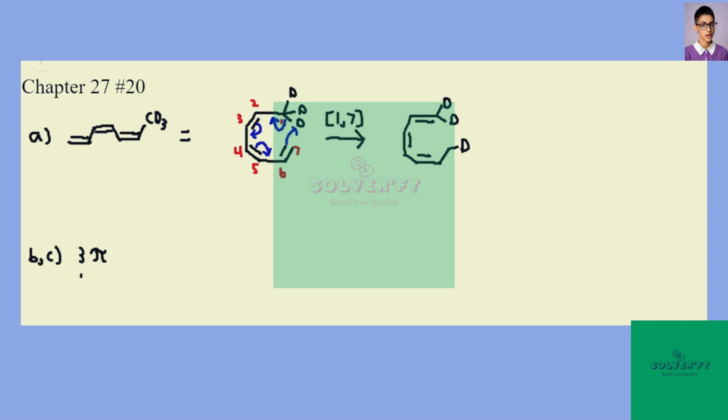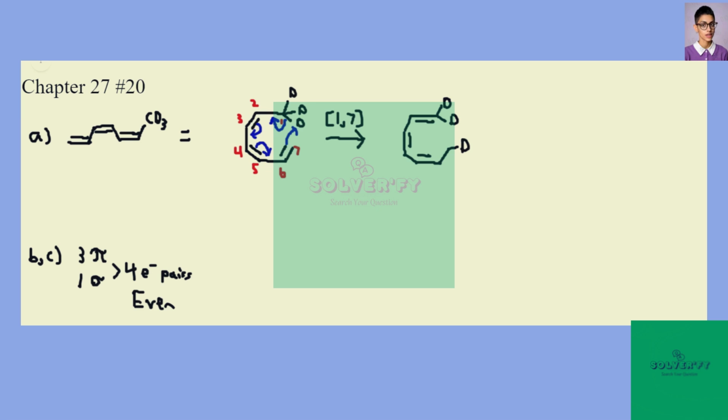And we have 1 sigma bond that's participating in this reaction. So that's going to be 4 total. So 4 electron pairs. So we know that that's an even number.